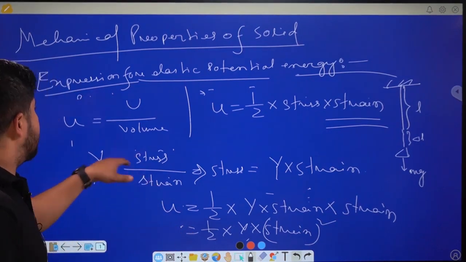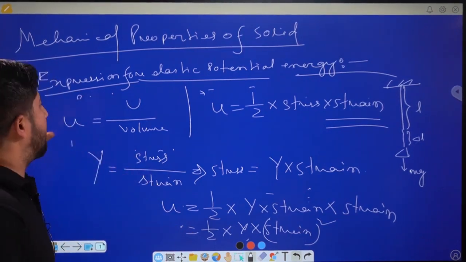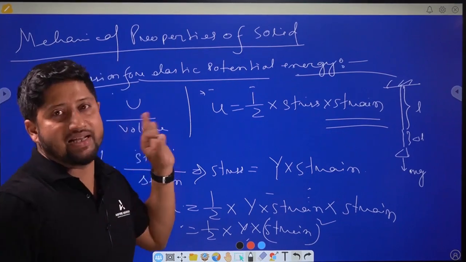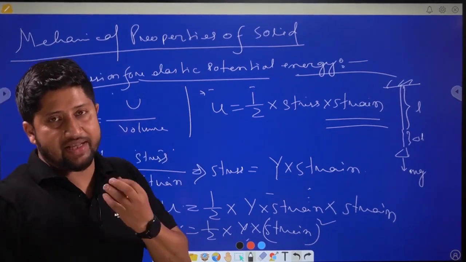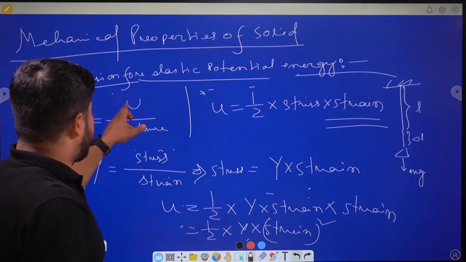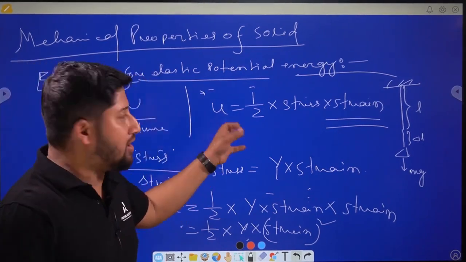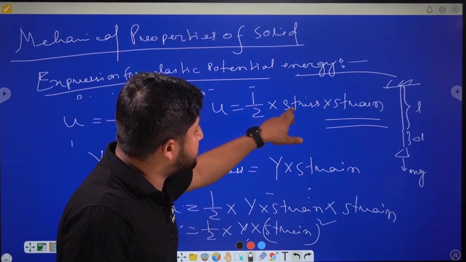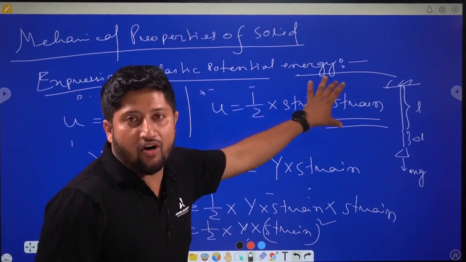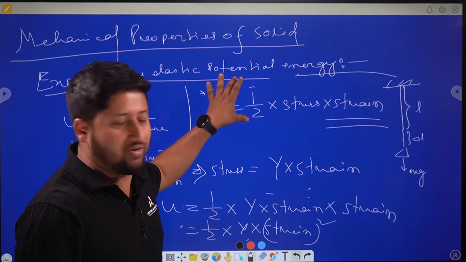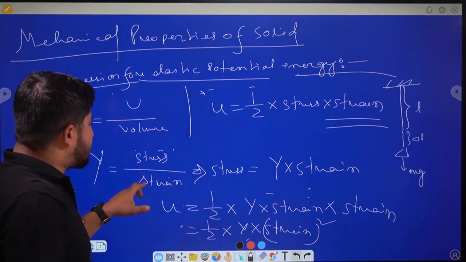Elastic potential energy per unit volume is U by V, and we know that U is equal to half into stress into strain. So this is another form of elastic potential energy per unit volume. Here Y is equal to stress by strain.